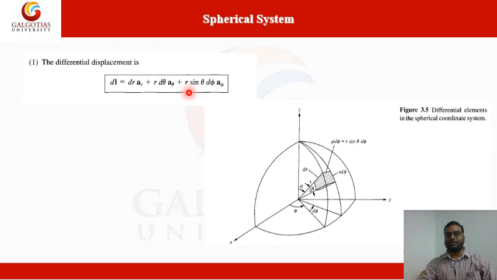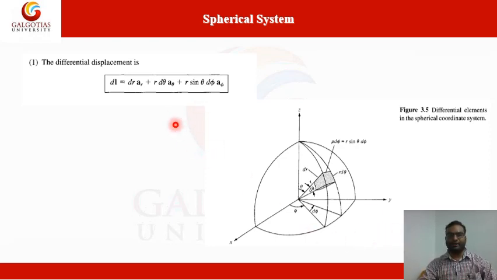Now r sin theta d phi is in the direction of a phi. You may ask why d phi is taken with a constant of r sin theta instead of rho. Because in the cylindrical system we are taking rho along with d phi; this is a spherical system and that is a cylindrical system, and both have their different parameters to calculate.